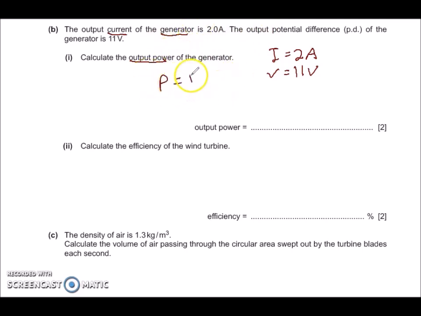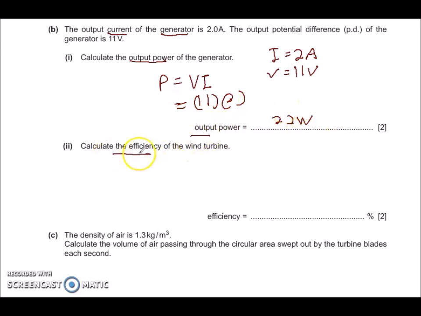Power is VI. So it will be like 11 multiply with 2. So you'll be getting there 22. You okay? 22 watt.